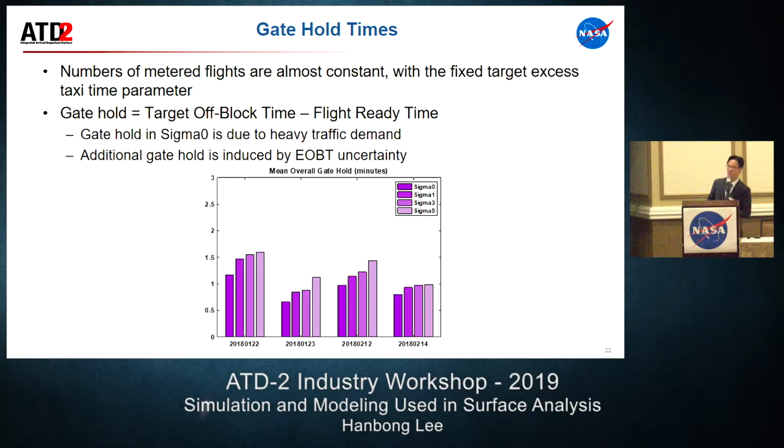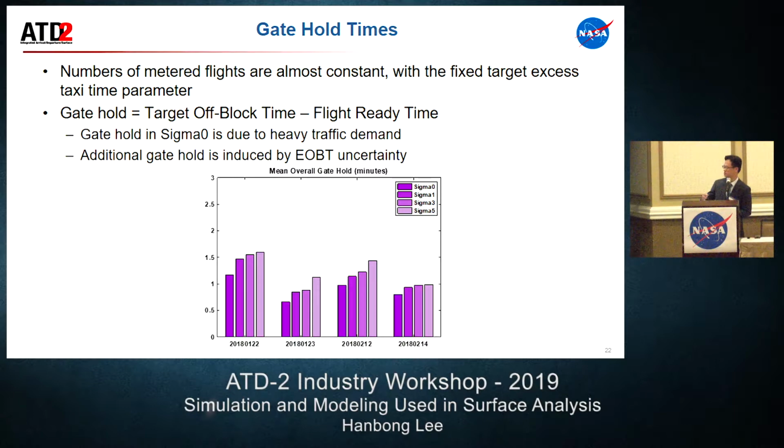So usually in the scheduler, the target off-flag time is dependent on the UVT, especially when the UVT is later than the actual flight ready time. In that case, the scheduler sets the target off-flag time to be the same as the UVT.